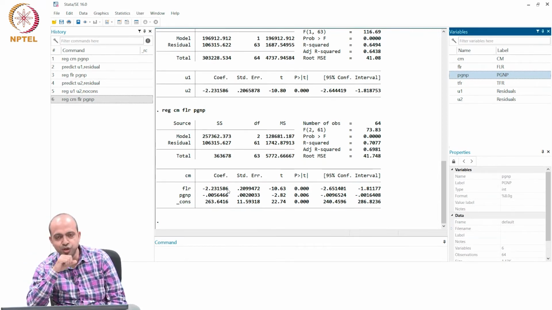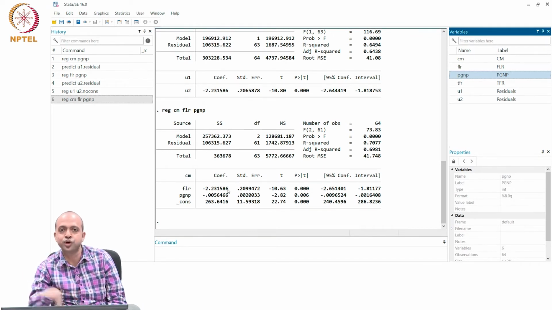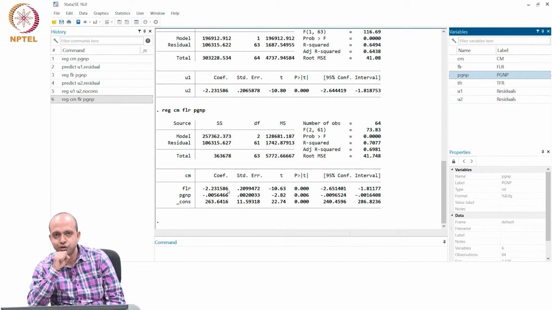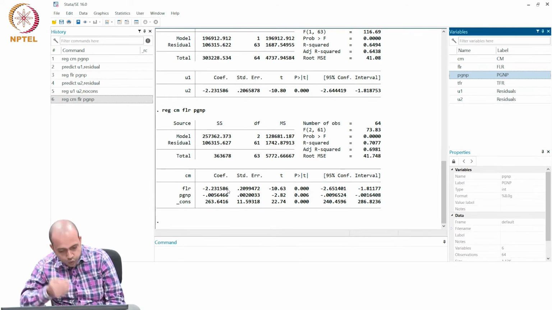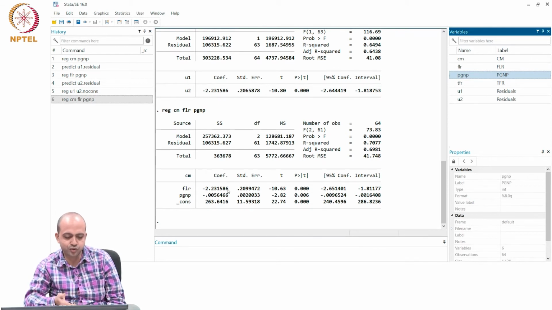That is the beauty of this multiple linear regression model and of this software. But we must know all these steps to understand the interpretation of the multiple linear regression model in a better way. If we do not know the steps, then we may not be able to appreciate what we are actually getting from this.